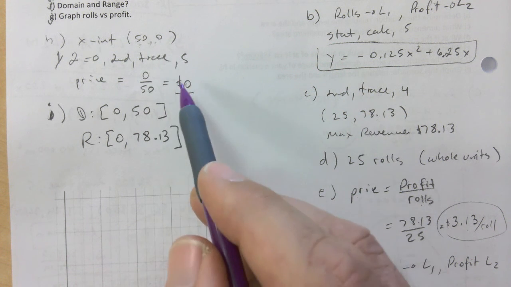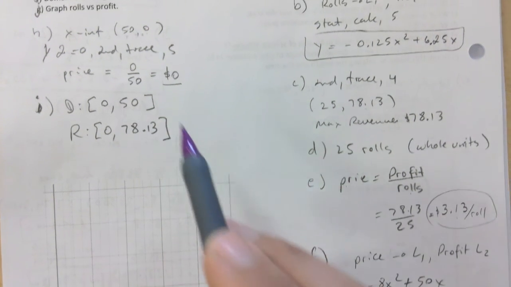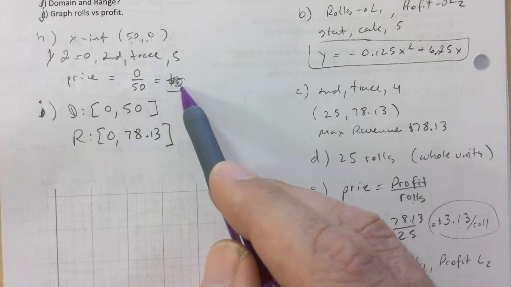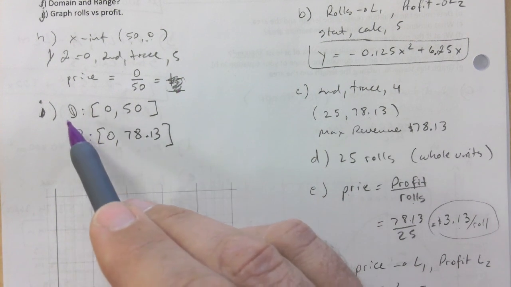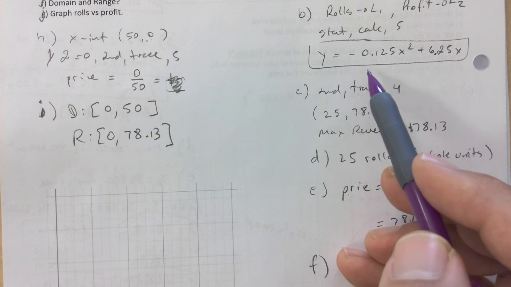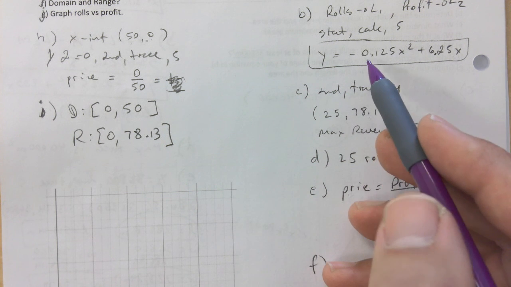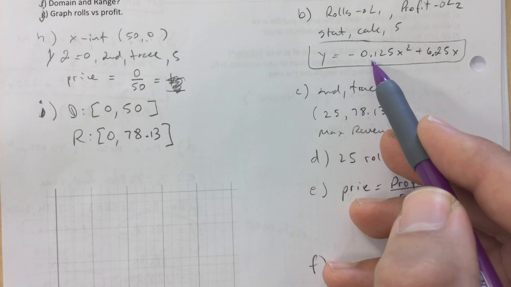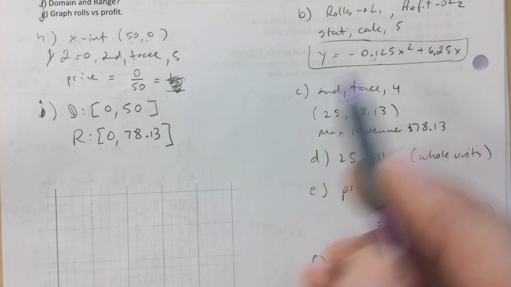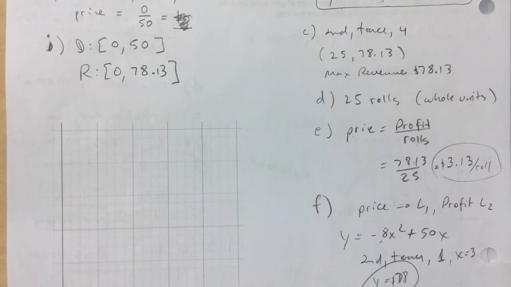So you need to find the price using this equation down here, which I haven't done, so don't worry about this, okay? The domain and range based on the original, I will not on a test switch back and forth when it comes to your equations, but you need to understand what's happening, okay? For the domain and range, I just went by this, and that's what you get. And the graph I will post later on.